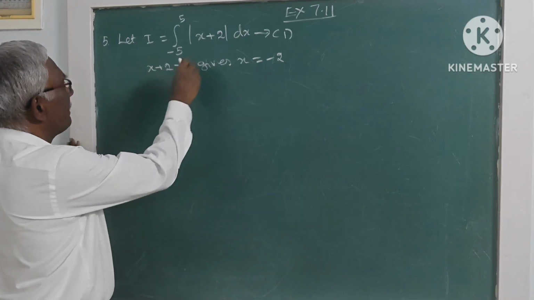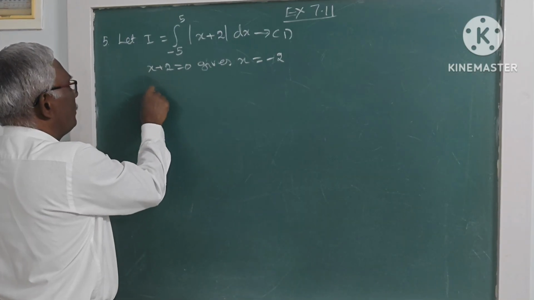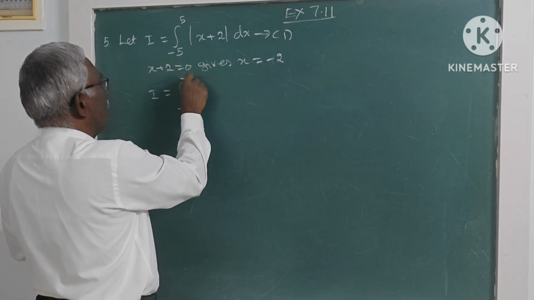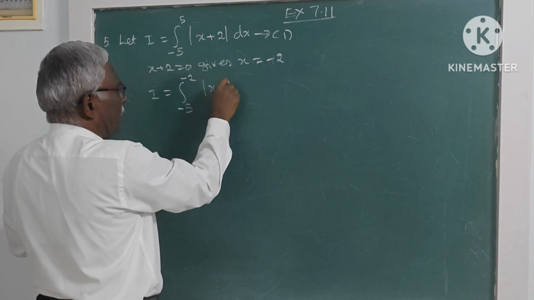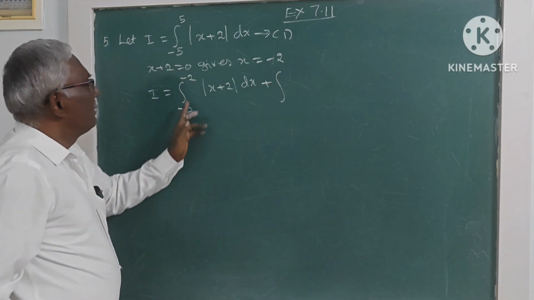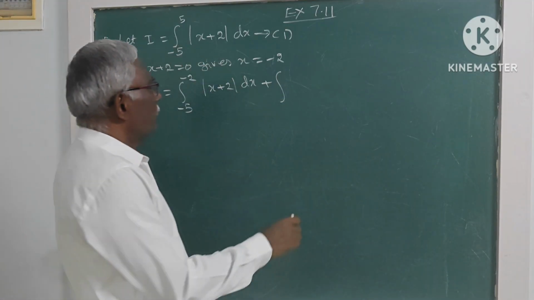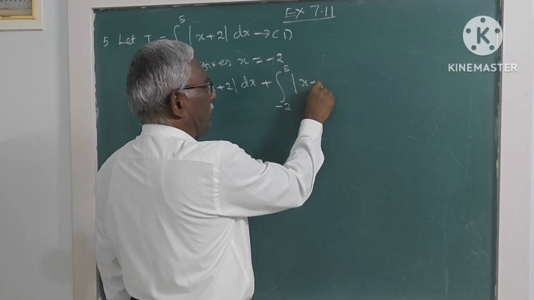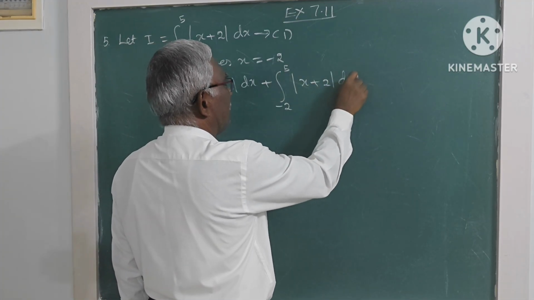Therefore, we can write I as the integral from minus 5 to minus 2 of modulus of x plus 2 dx, plus the integral from minus 2 to 5 of modulus of x plus 2 dx.